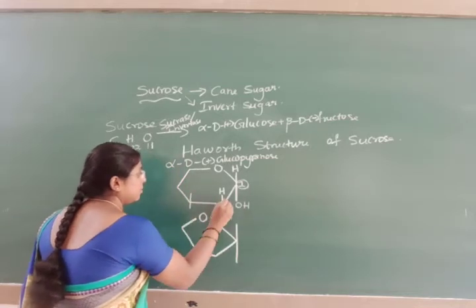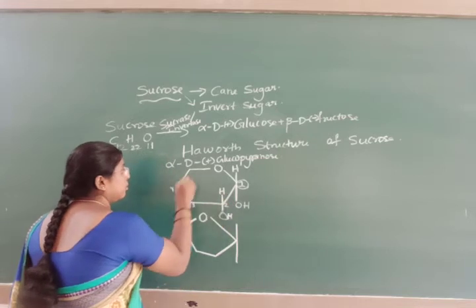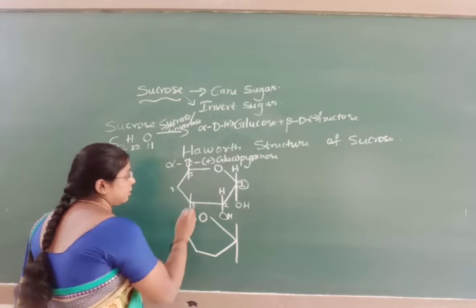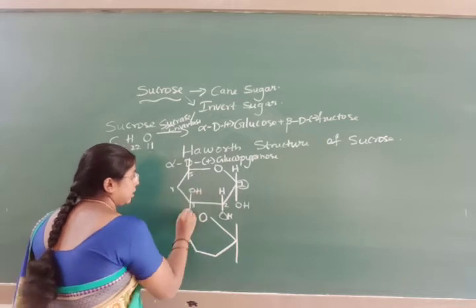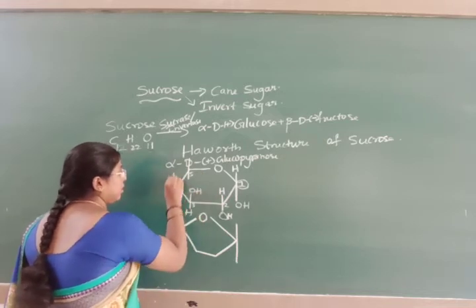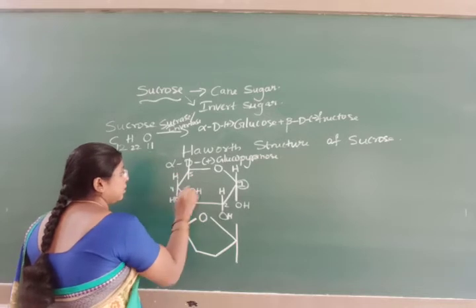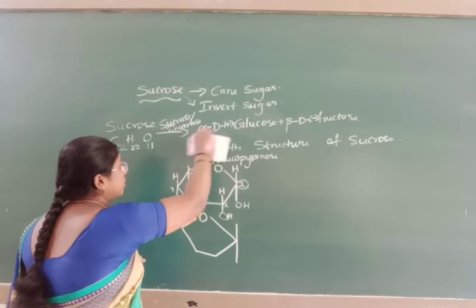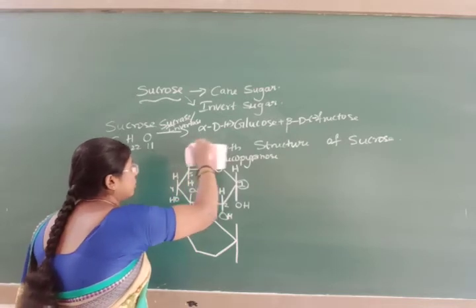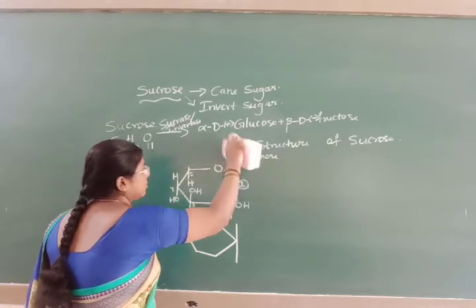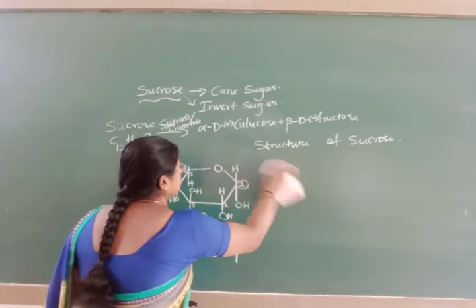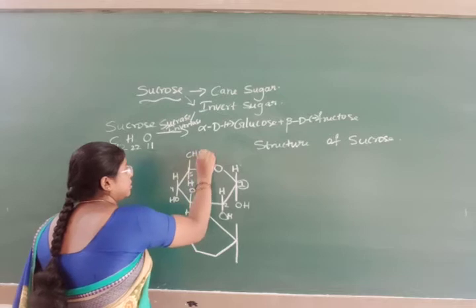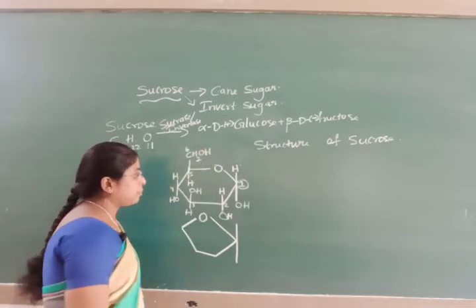This is the second, third, fourth, this is the fifth, and above will be the sixth. Third carbon will be OH, H, fourth carbon will be H, OH, fifth carbon we write H below, and above we write CH2OH. This is the sixth carbon atom.